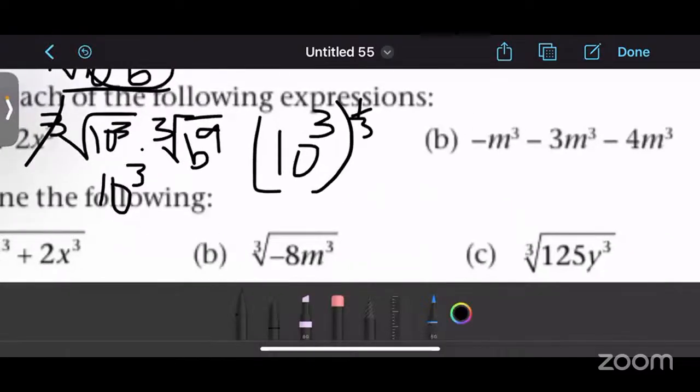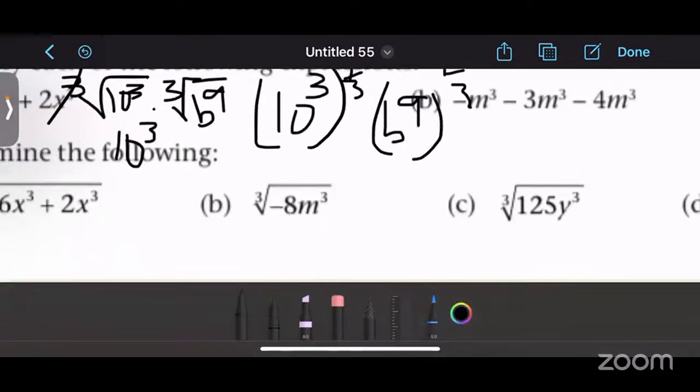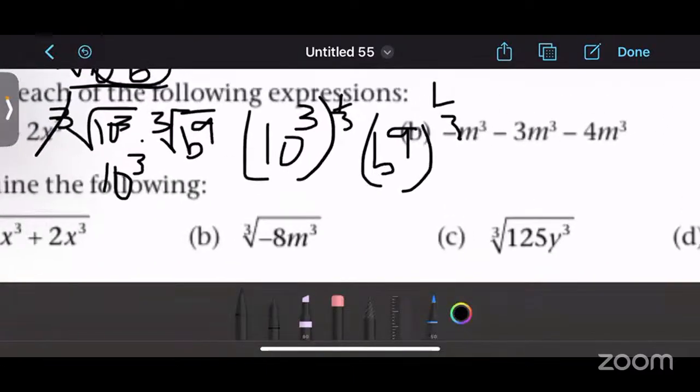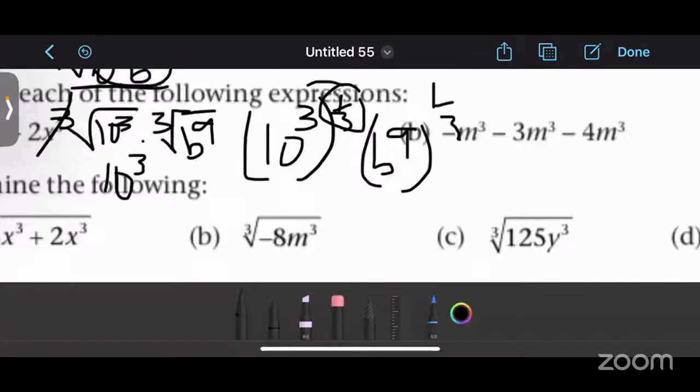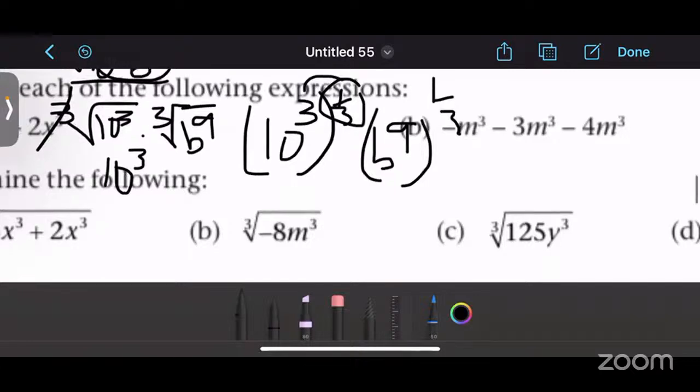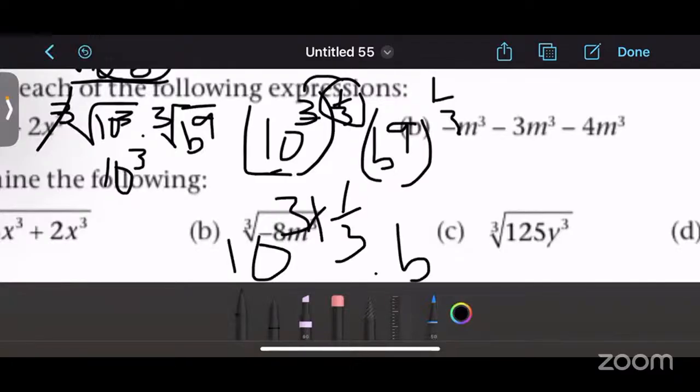And then b to the power of 9 is also multiplied by 1 over 3. This 1 over 3 multiplies each and every exponent inside the brackets. So 10 has an exponent of 3, so it's 10 to the power of 3 multiplied by 1 over 3, and b to the power of 9 multiplied by 1 over 3.